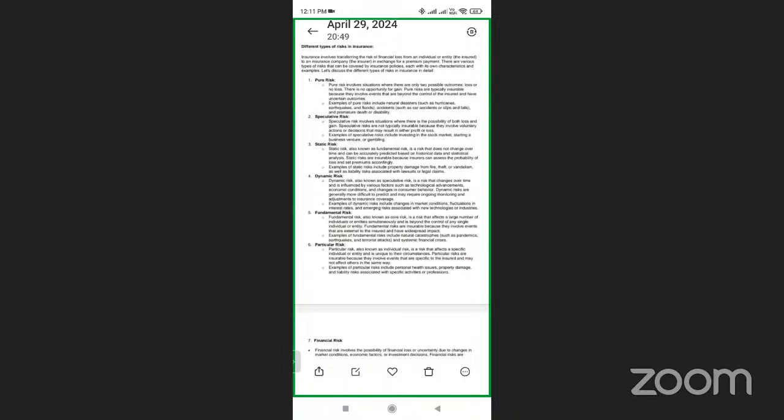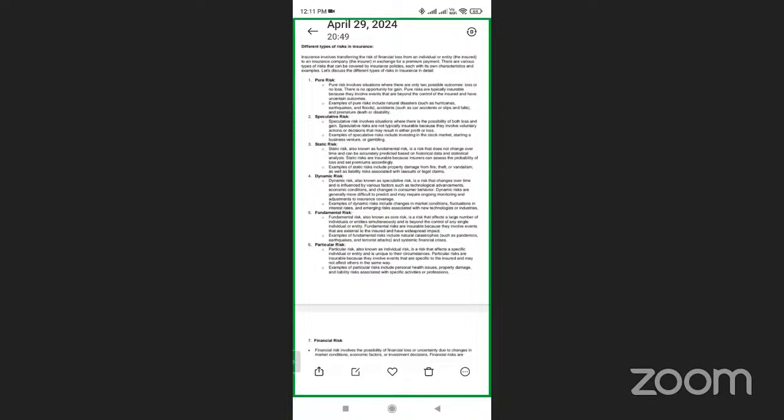Now, talking about the different types of risks in insurance, we need to be familiar with those risks which are supposed to be insurable. That means these are the different types of risks to which the assets are exposed. The asset might be in the form of life assets or non-life assets.